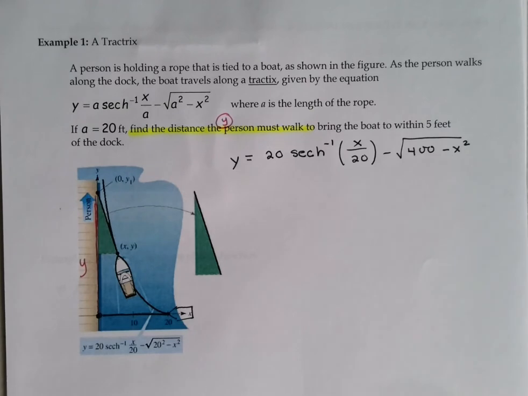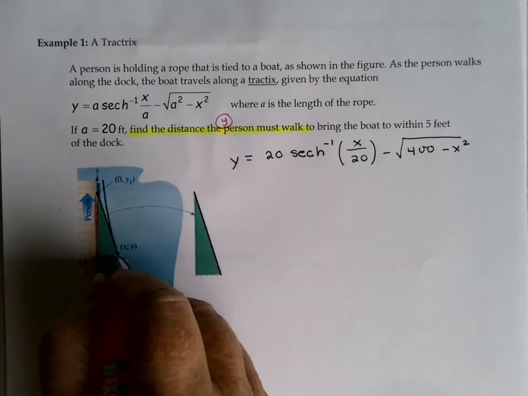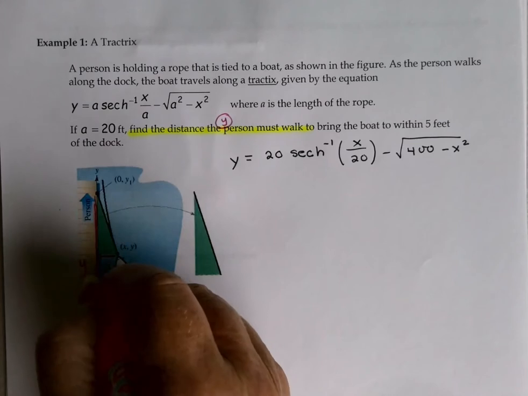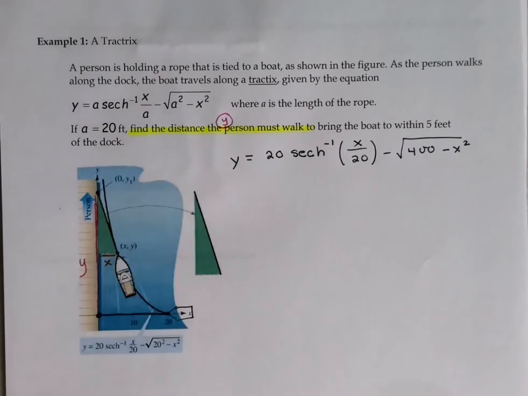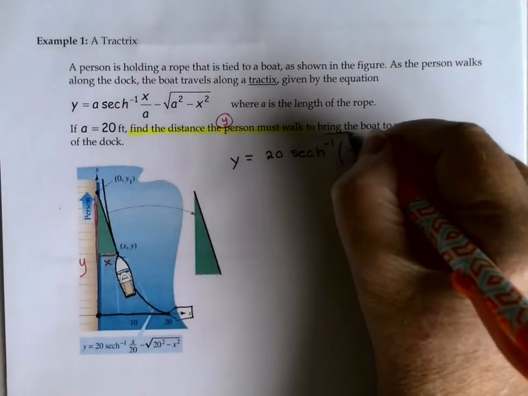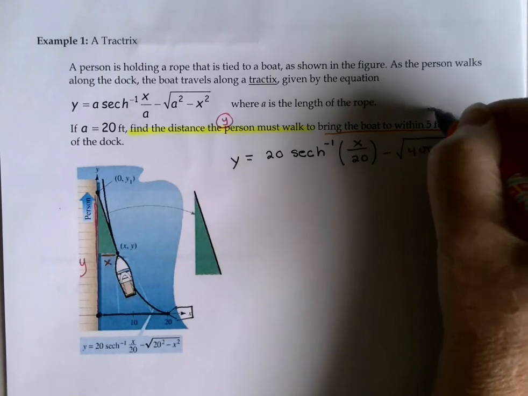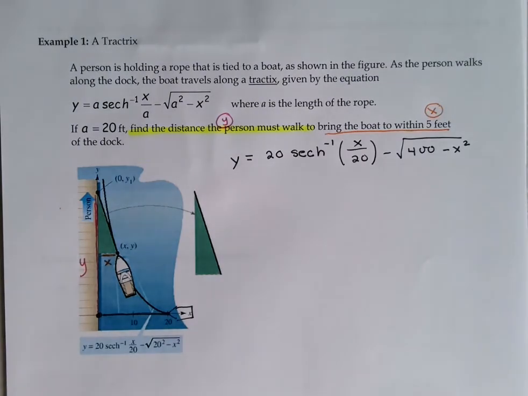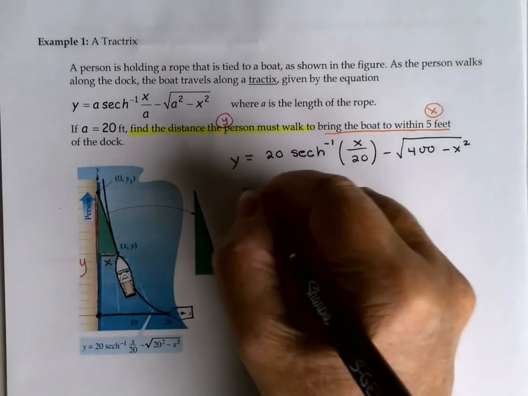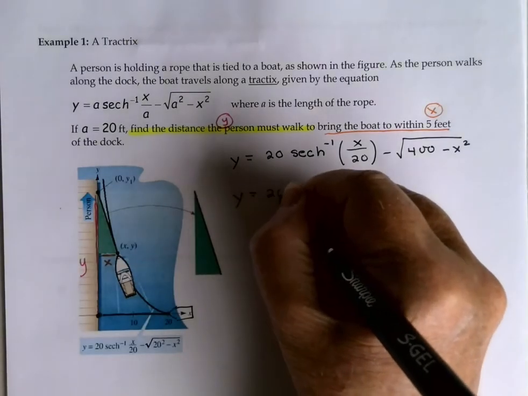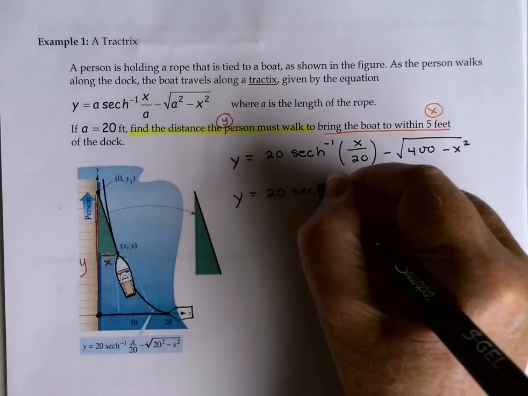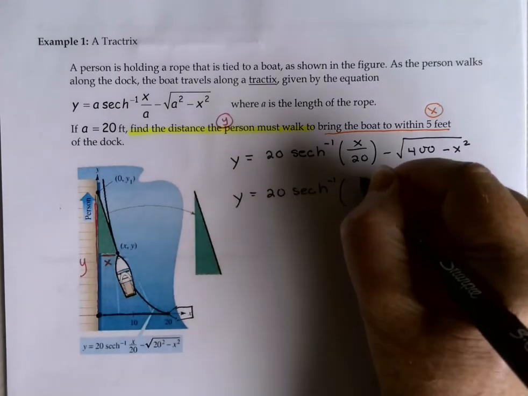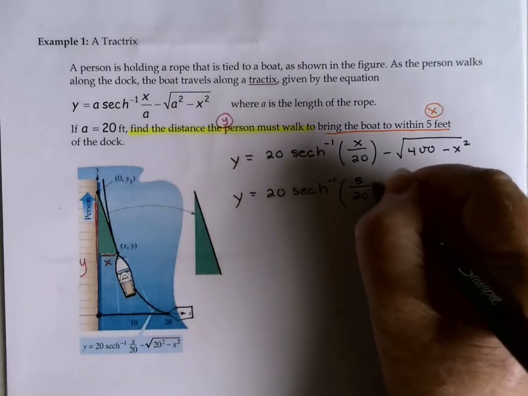The distance between the boat and the dock would be here, and that's x. So to bring the boat within 5 feet of the dock, that means the x value is 5. So all I have to do is plug in 5 for x.